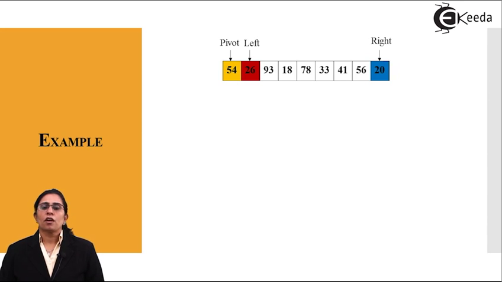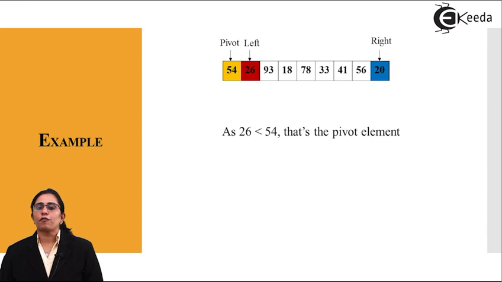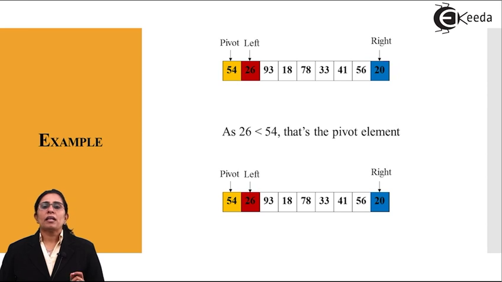So what happens? 26 is less than 54, that's the pivot element, and 26 is less, so we do nothing, because in the partitioning we have to place 54 at such a location that on the left hand side you have all the elements whose values are less than 54 and on the right we have all the elements whose values are greater than 54. So my list remains the same.